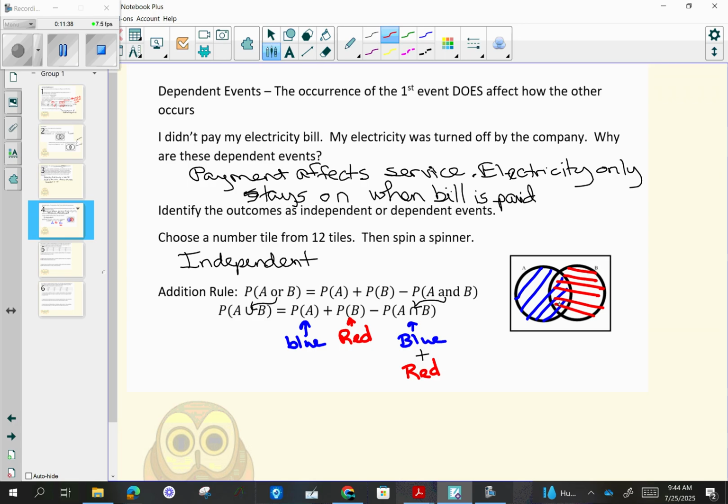It was added in when it was blue, it's added in when it's red, so we have to subtract one of them. So it's in the probability twice, so we subtract 1.